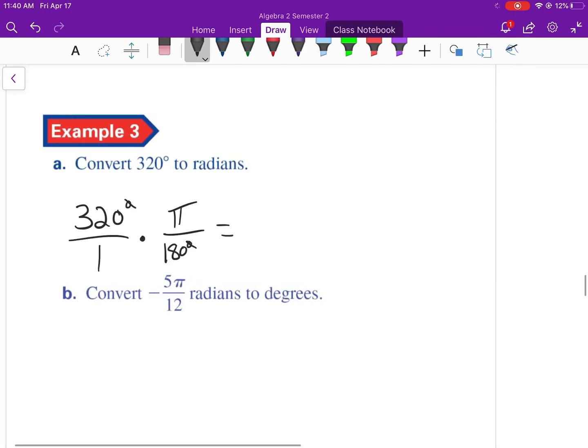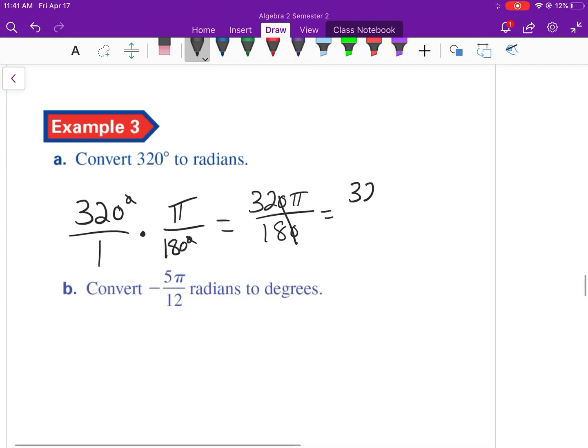Degrees cancel, so we get 320 pi over 180. Simplifying, I can cross out those zeros and get 32 pi over 18. That can reduce further: divide both top and bottom by 2 to get 16 pi over 9.